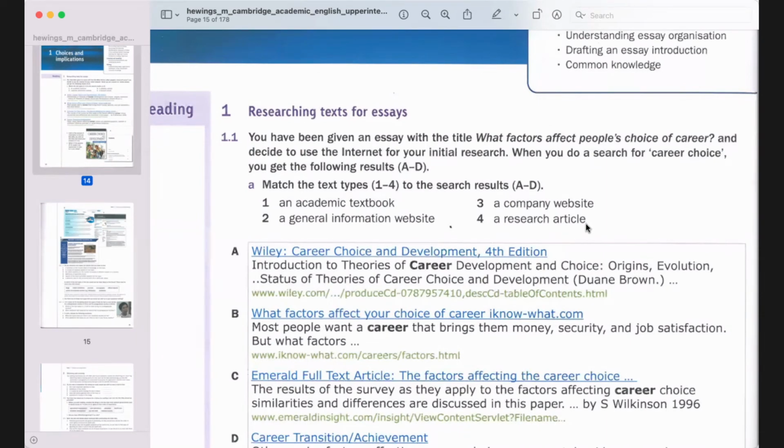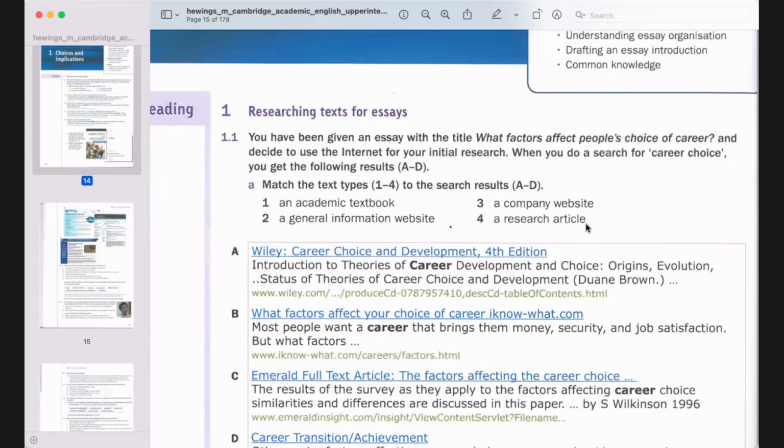What kind of information can we get there? It's like general information about the subject we are searching for. For example, Wikipedia gives us general information about whatever you want. For example, what career path is? What is career? What factors could be named, but also information in general, right?